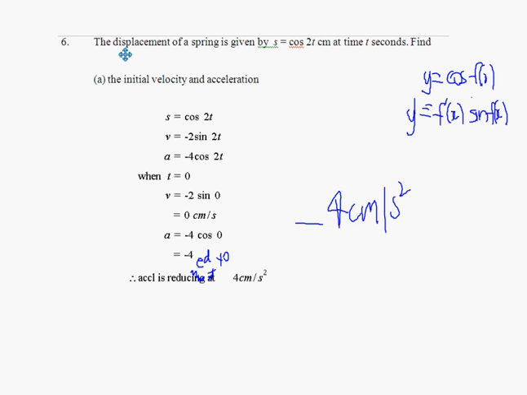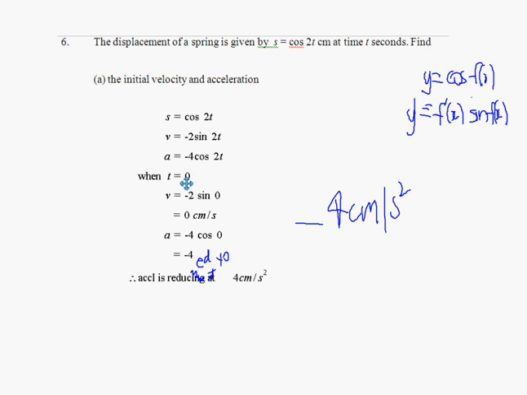In this question, we've got a spring, and its displacement is given to us by cos 2t. So here come our cos functions. Find the initial velocity and acceleration. We'll derive. Derive it once, we get minus 2 sine 2t, which is our velocity. Derive it again, minus 4 cos 2t.